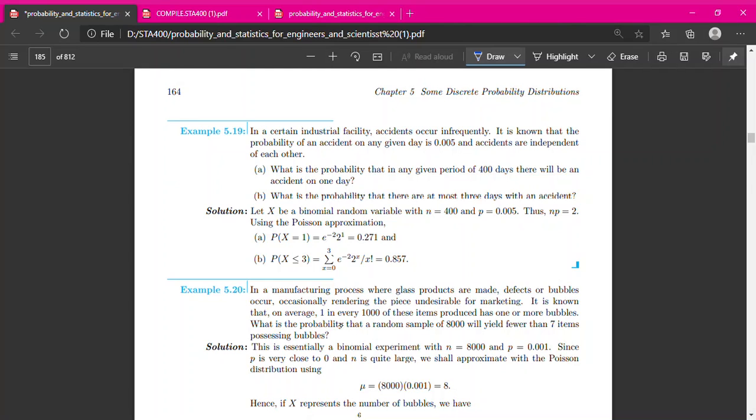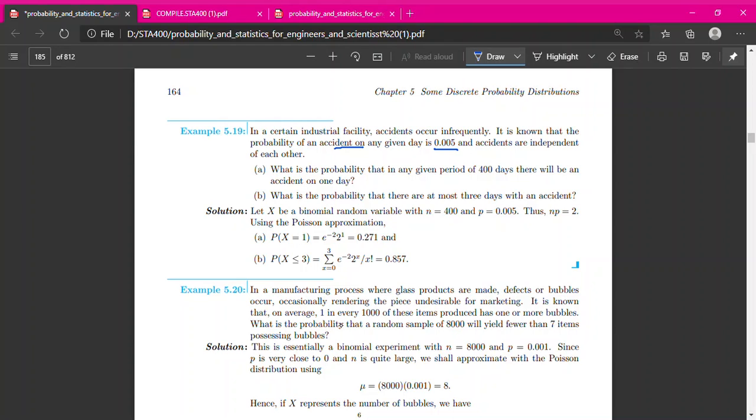In a certain industrial facility, accidents occur infrequently. It is known that the probability of an accident on any given day is 0.005, and the accidents are independent of each other.